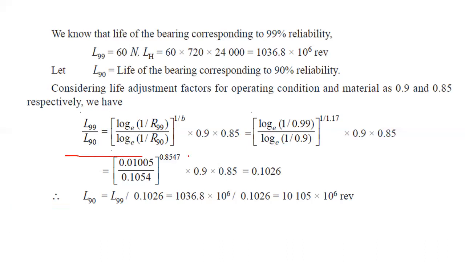L99 by L90 equals log_e of 1 by R99 divided by log_e of 1 by R90, whole power 1 by b, into the adjustment factors already given in our question, 0.9 into 0.85.